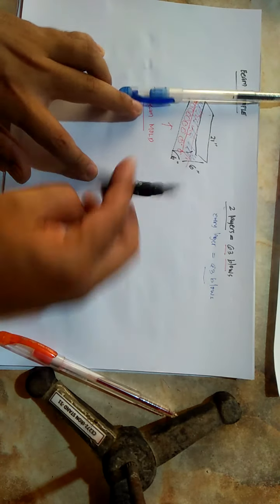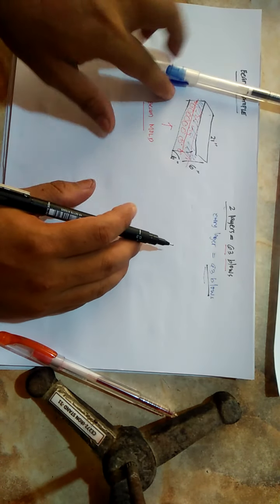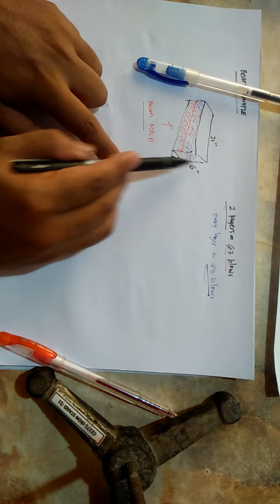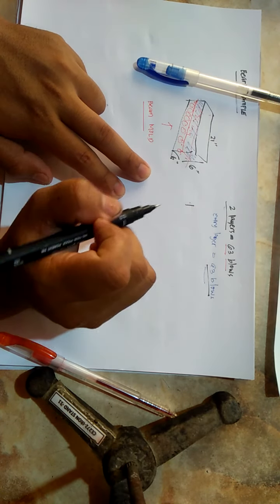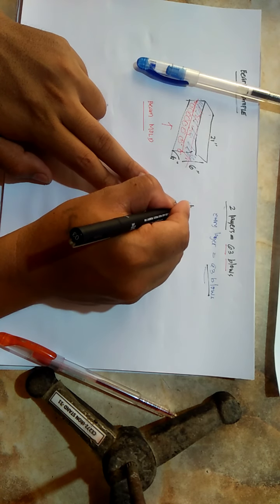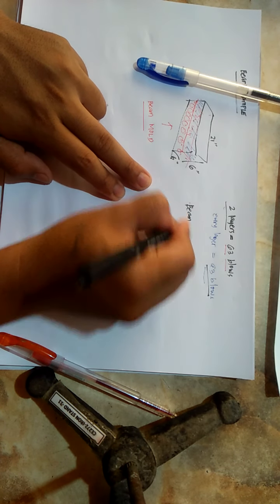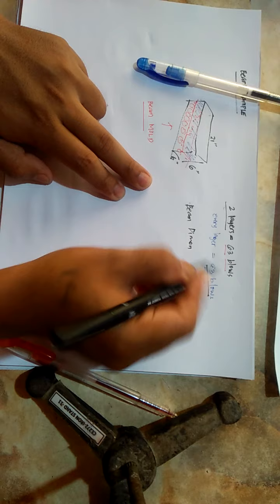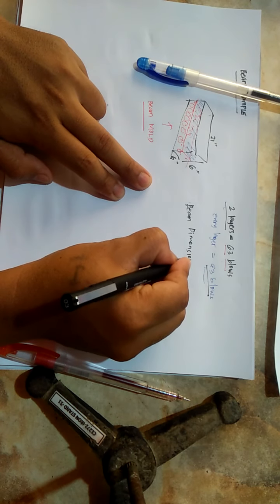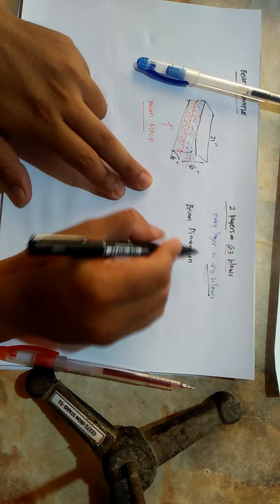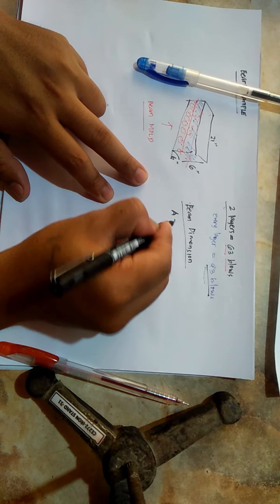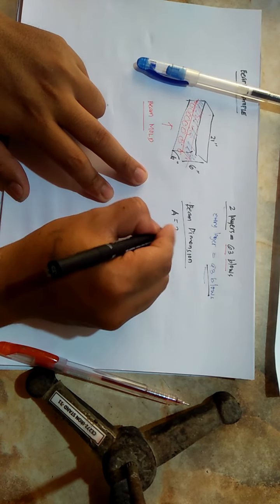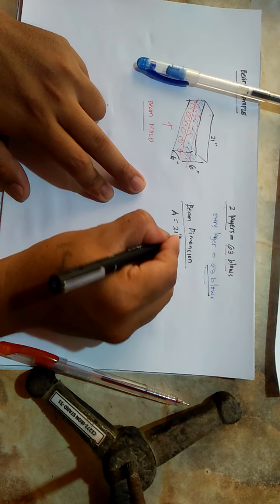So, sir, paano nakuha yan? Simple lang. Ang dimension kasi natin sa beam mold natin is what? Meron tayong area. Ang length mo is 21 inches, right?